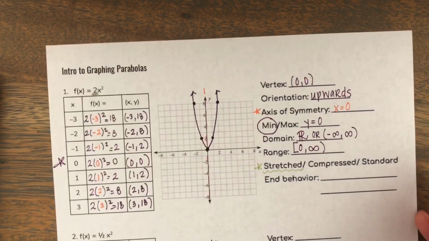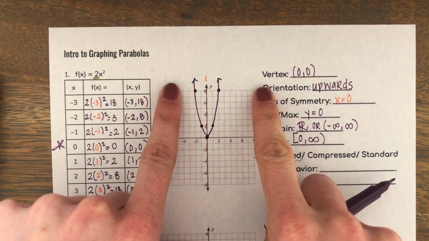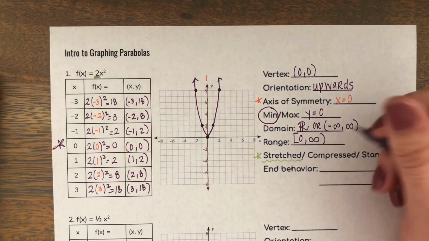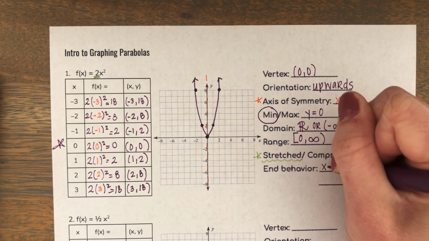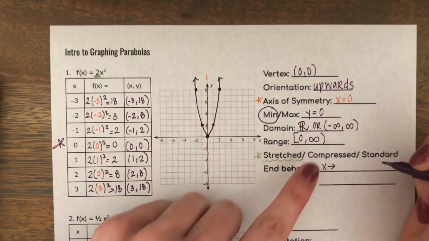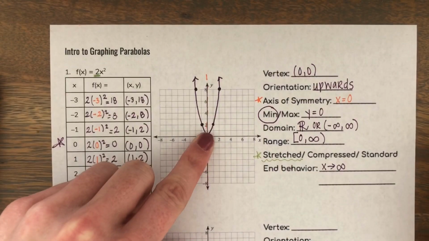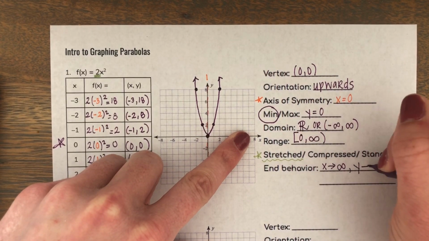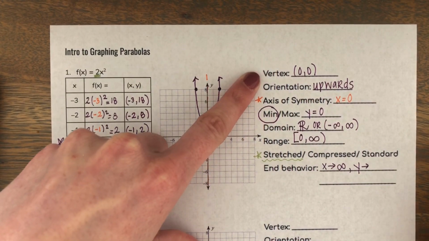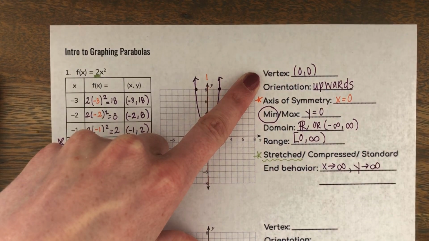And then for end behavior, that's what you're talking about, the directions of the graph. So x goes left and right. So as x approaches +infinity, that's going this way. Y, since it's going upwards, is also approaching +infinity.